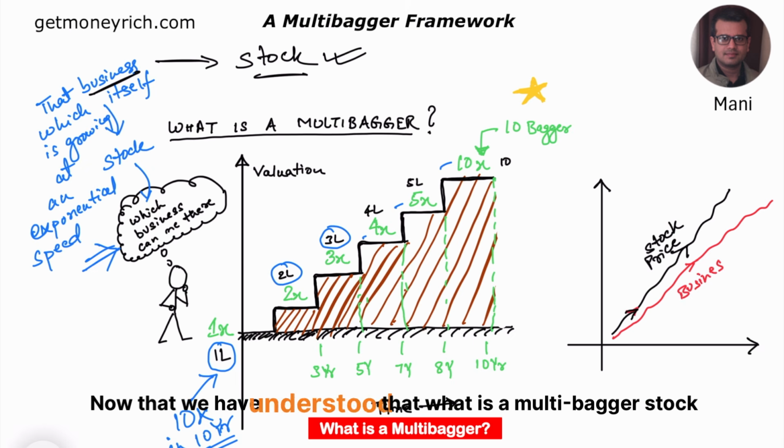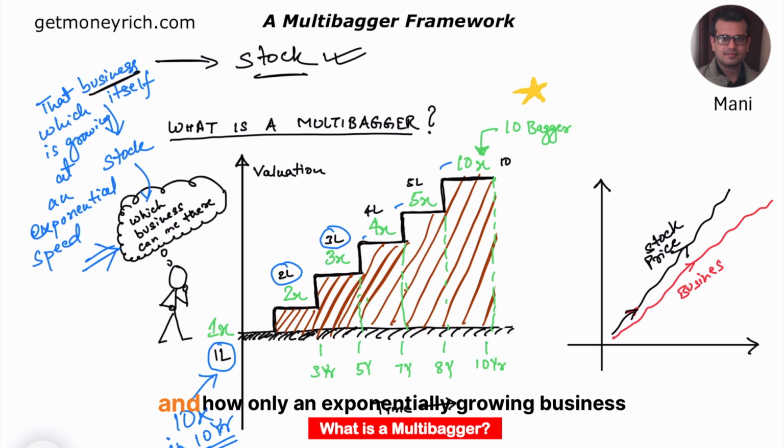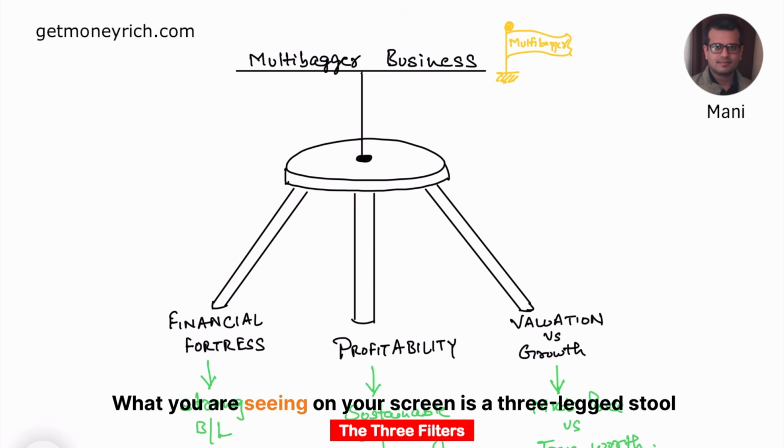Now that we have understood what a multi-bagger stock is and how only an exponentially growing business can give rise to a multi-bagger stock, the next logical question that comes to mind is how to identify a multi-bagger stock. What you are seeing on your screen is a 3-legged stool, which is a representative of a multi-bagger business. The balance of this stool is dependent on its 3 legs.